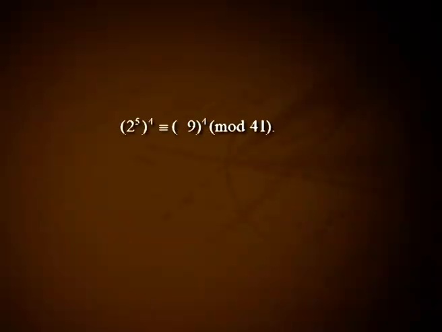Example 5. Show that 41 divides 2^20 - 1. Solution. Since 2^5 ≡ -9 mod 41, by part F of Theorem 2, we have (2^5)^4 ≡ (-9)^4 mod 41. That is, 2^20 ≡ 81·81 mod 41.